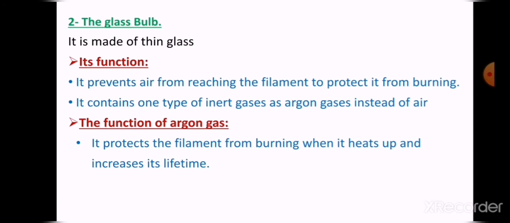You have to know that argon gas and the inert gases are inactive gases, as they don't burn and don't help in burning, so they are contained in the glass bulb. Okay?